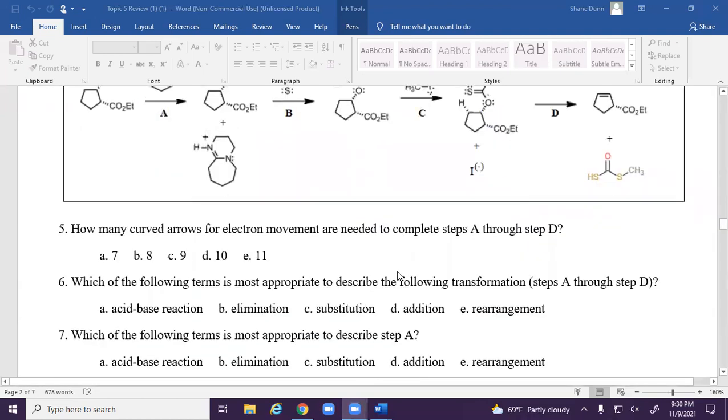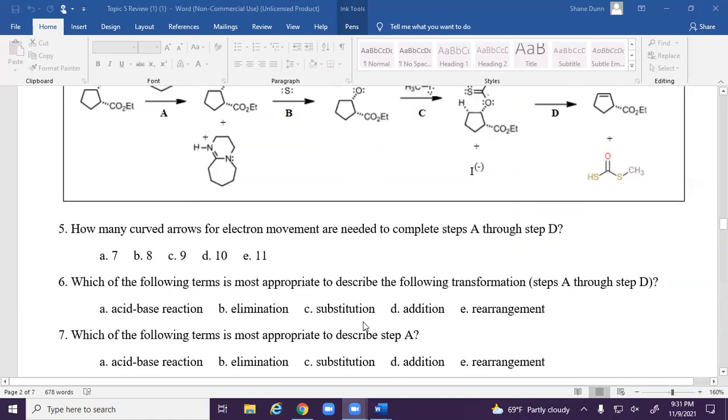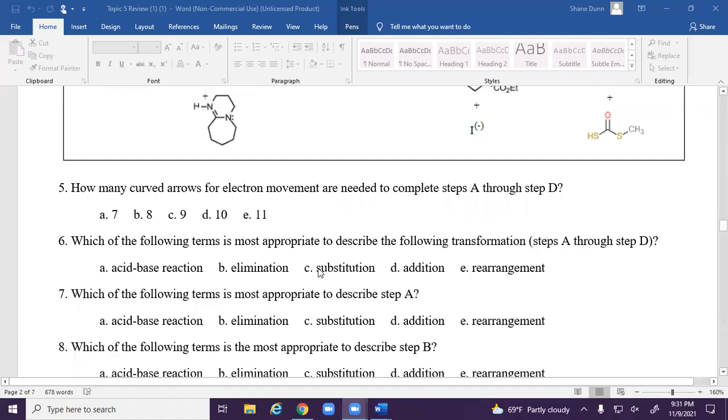So 5 is 9, 6 is elimination. What is the most appropriate description for 7, which is step A? Wait, what? That would be acid base. Right? Yeah. Because you're losing a hydrogen, correct? Right.